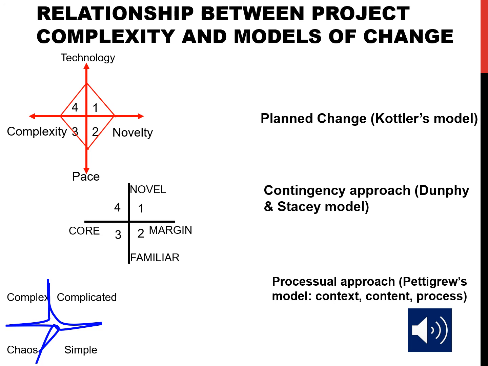So when we are looking at complex projects, and a complex project can be, of course, located in the kinetic model in the complex and chaos situation, or in the case of the diamond model when the elements of the diamond model have high levels of complexity or uncertainty in their 4 elements, or in the 8-feature model in quadrants 4 and 3.